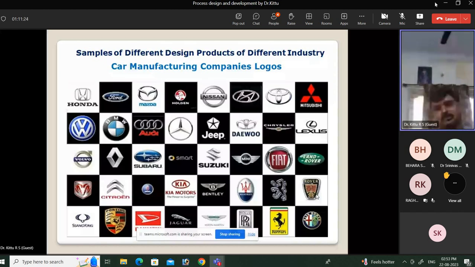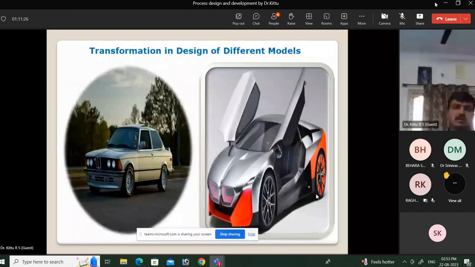Let us observe here how the transformation is happening in the design of the different models. How did these cars, from the initial stages to nowadays, come about? It did not happen within a short span of time; it took a long journey of transformation to design the different models.